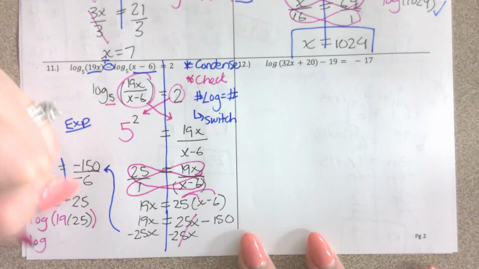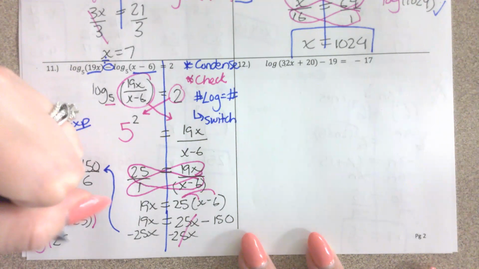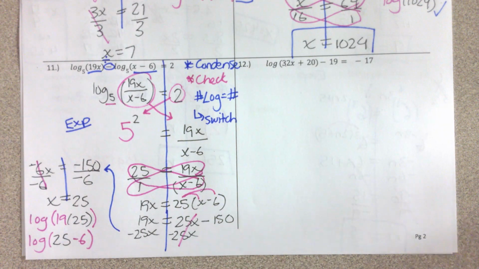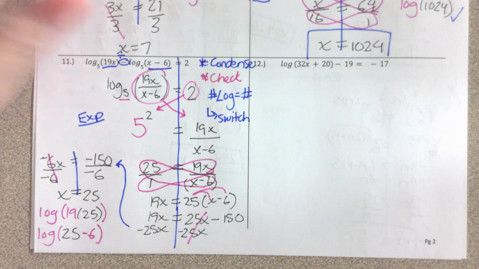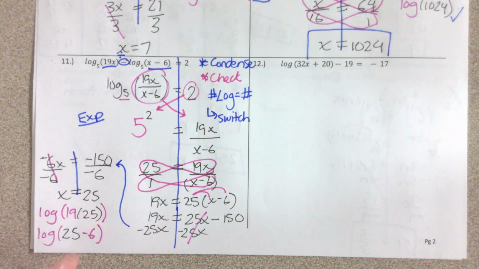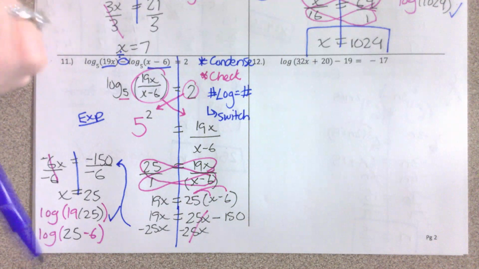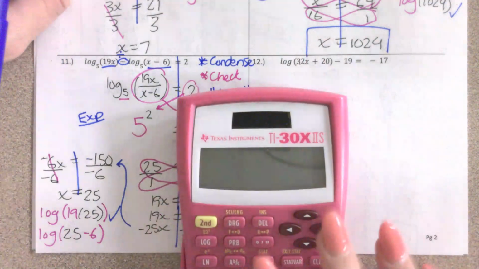And log of 25 minus 6. Now again, logs like positives, that's all we're checking for. So 19 times 25, those are both positive, and then we're going to get a very big positive number out of that. So we can pretty easily say that's going to pass the check. And then 25 minus 6 is 19. Log of 19 will also pass.